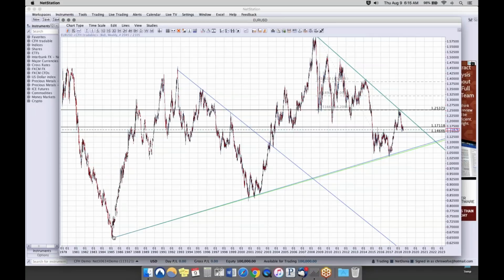From 85 through 1990, 1992, 1993, this up cycle, then an 8-year down cycle into 99, 2000, 2001, an 8-year rising cycle into 2009, and then an 8-year declining cycle here into 2015.